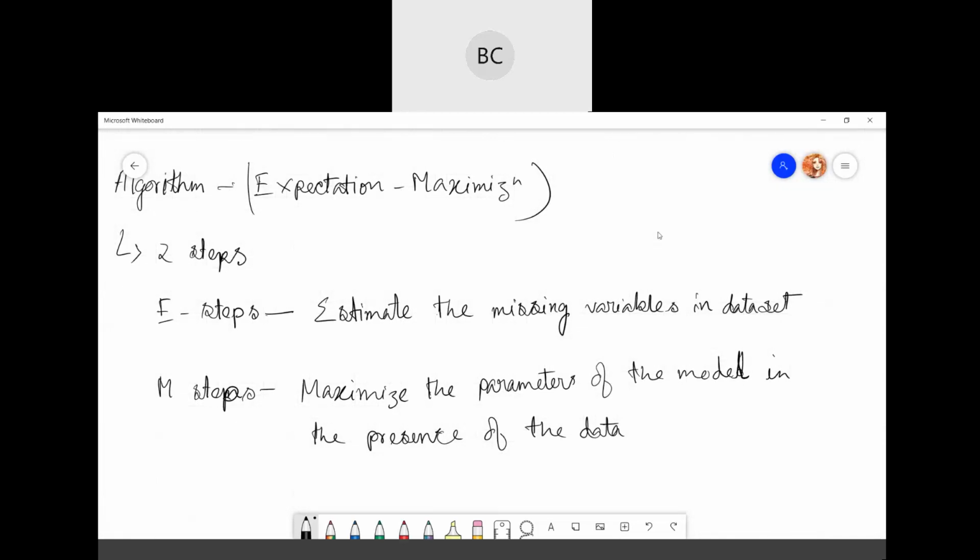So the EM algorithm or expectation maximization algorithm is an iterative process that cycles between two modes. One is the E, the first mode, that attempts to estimate the missing variables, or you can also say latent variables.